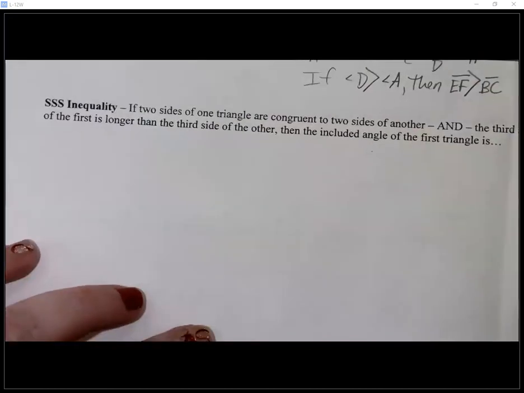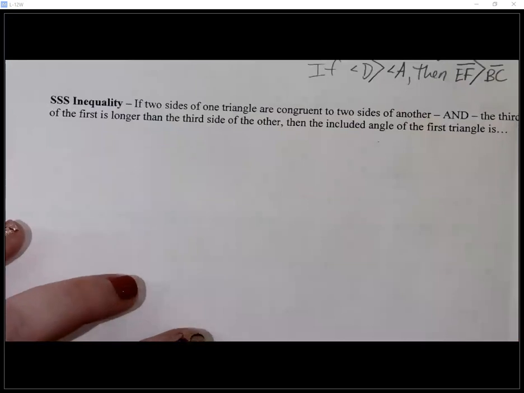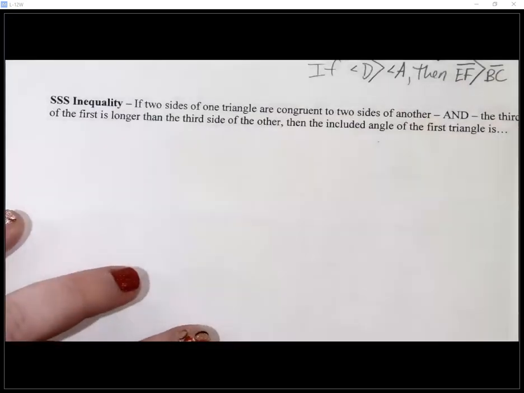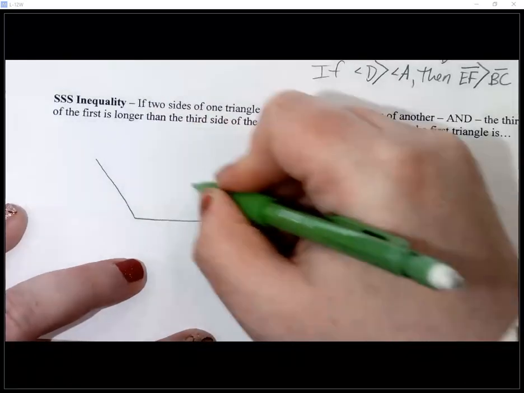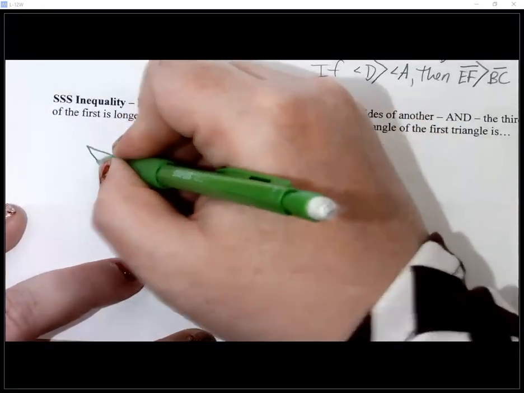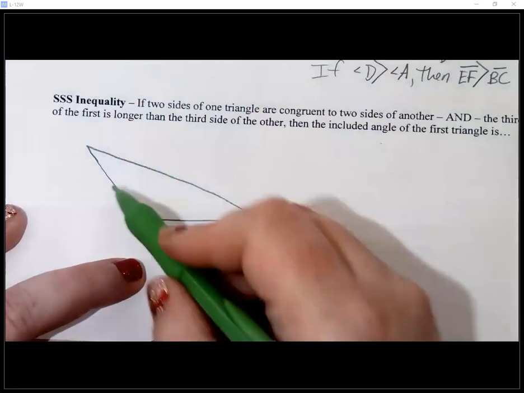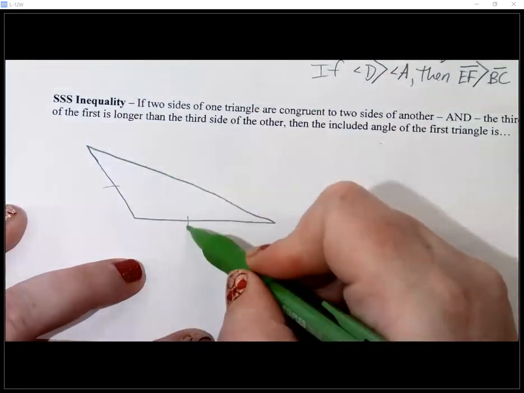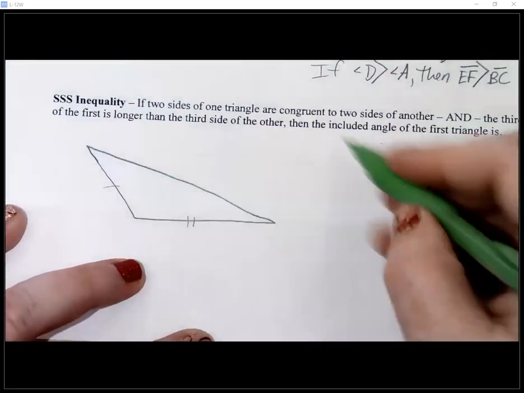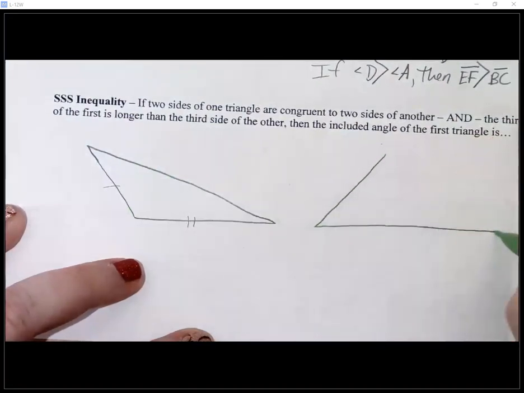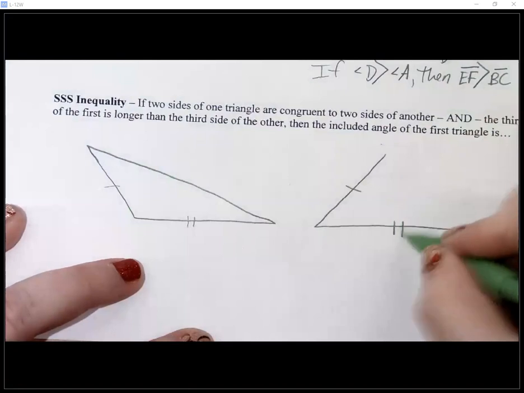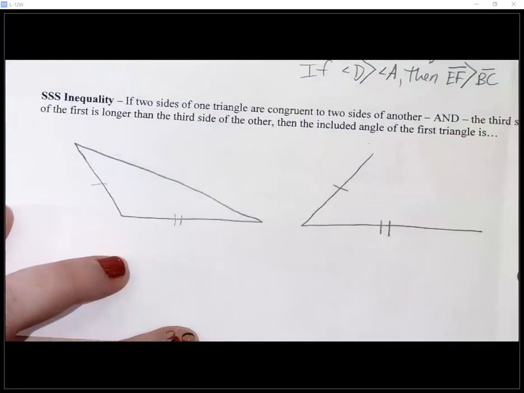So I'm going to draw one of them. I'm going to draw one as an obtuse triangle. And then my second one, I'm going to try and keep these two sides the same length, but I'm going to tip this one this way. We'll do like this instead. So you get what I'm trying to do? I want those lengths to still match up.